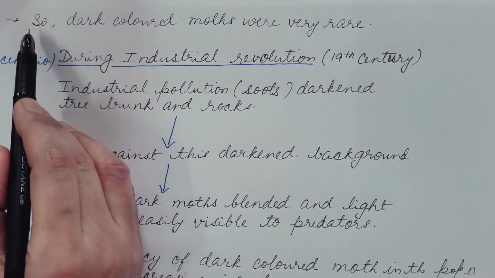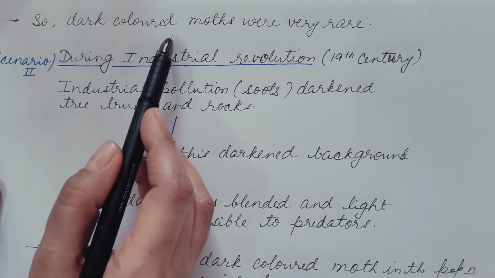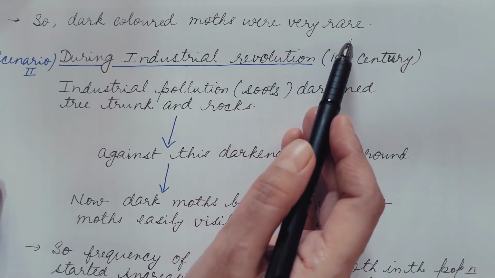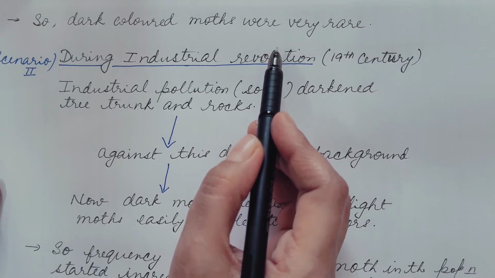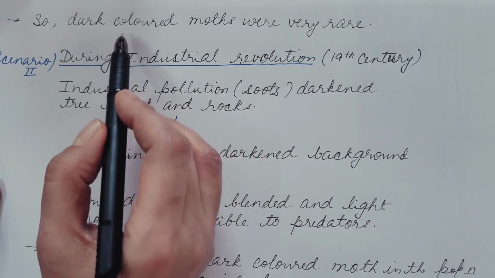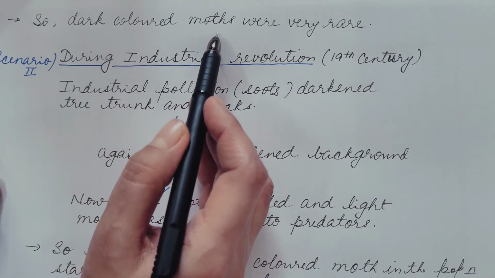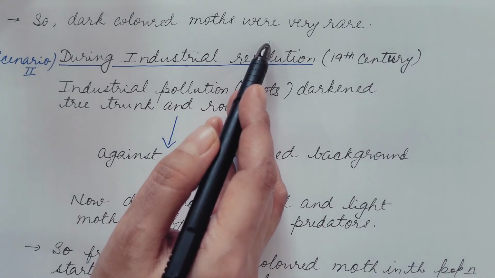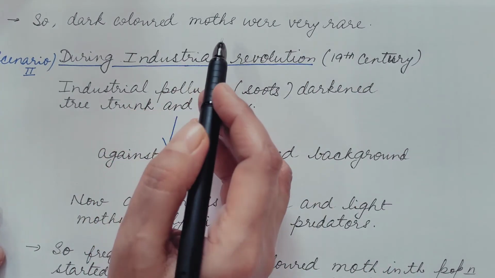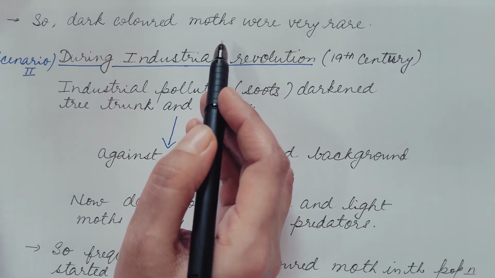As a result, dark colored moths were very rare because light colored moths survived, and most of the dark colored moths were eaten by the birds. Hence, these were not able to reproduce and produce their offspring.